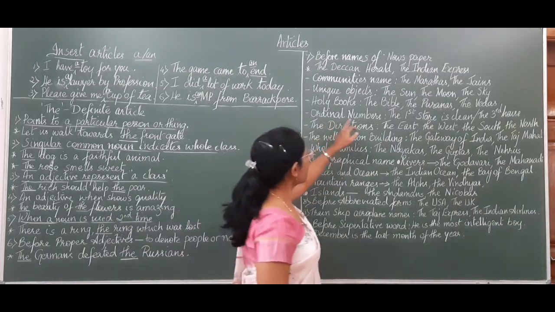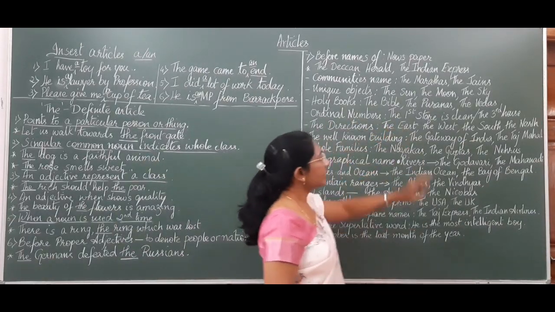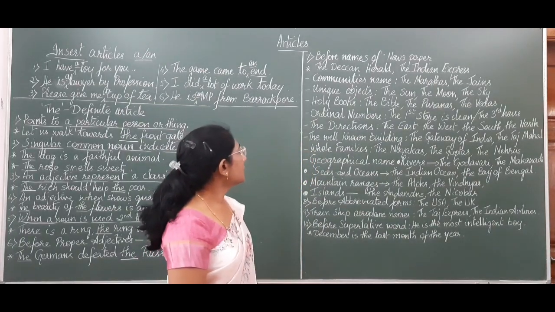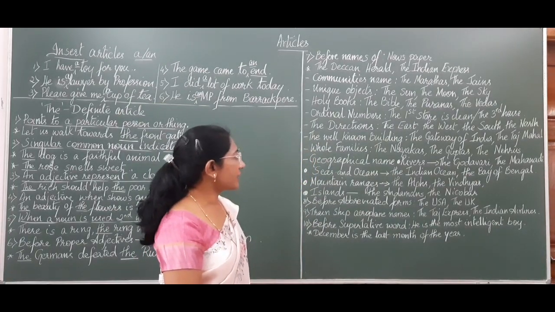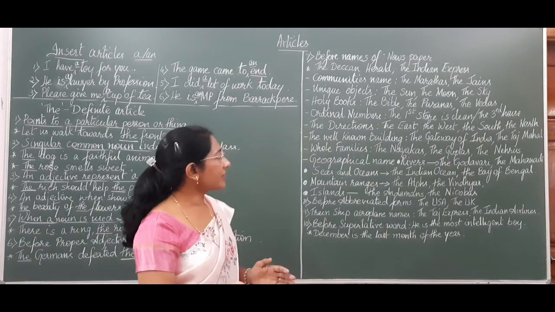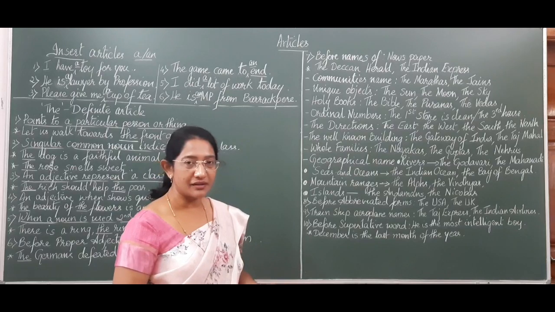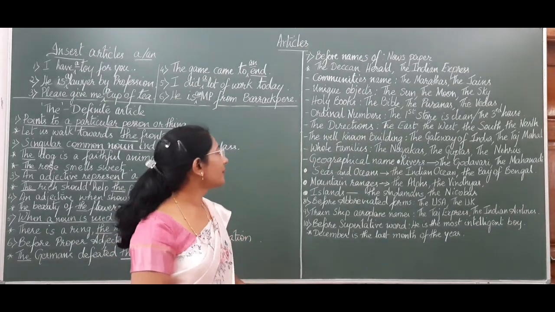So before the ordinal numbers, you use the definite article the. To denote the directions, you say the east, the west, the north, the south.